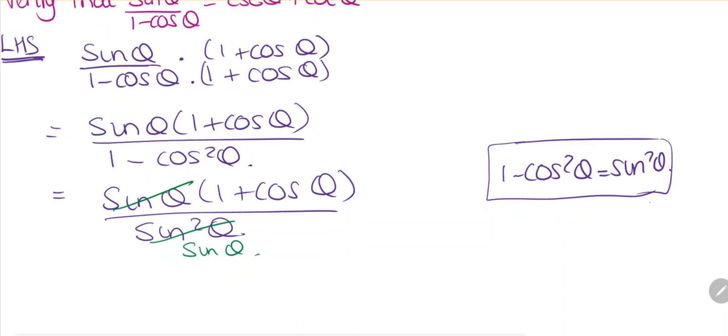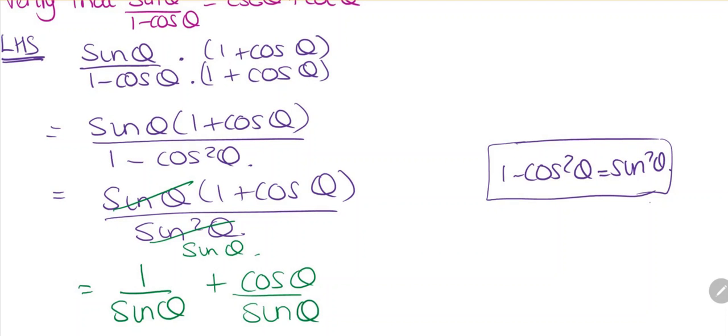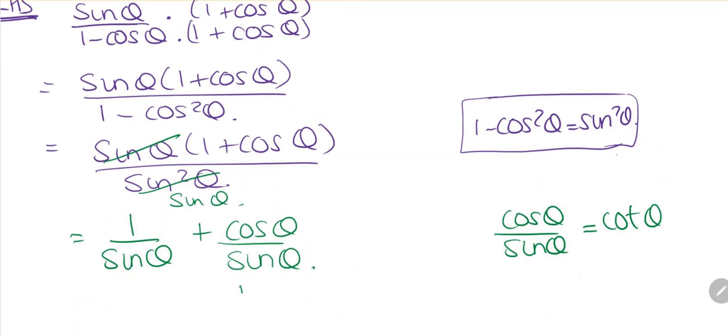What I'm going to do now is write these as separate fractions: 1 over sine theta plus cosine theta over sine theta. Now we know that cosine theta over sine theta is equal to cotangent of theta, so let's change that to cotangent theta.